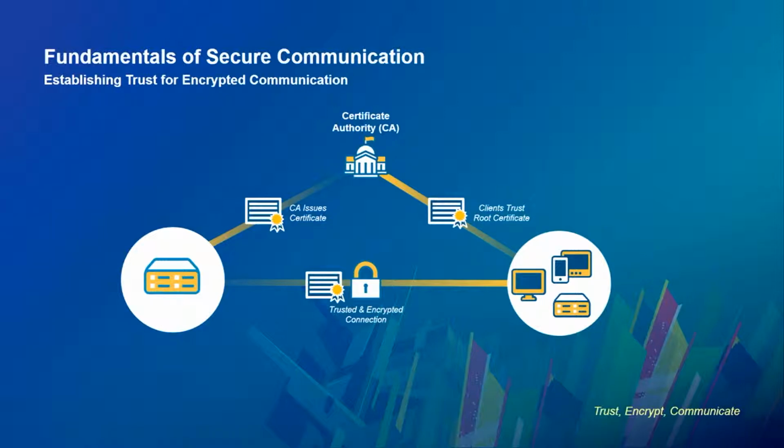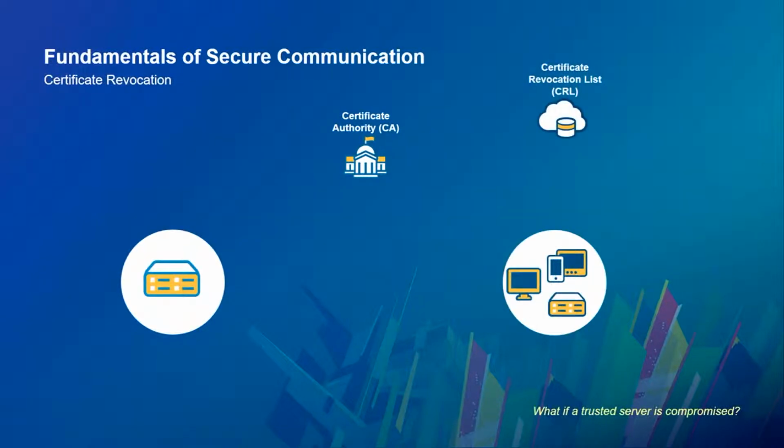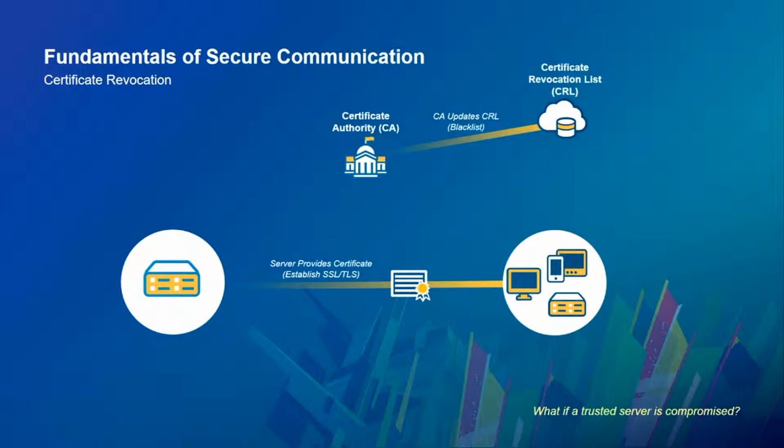If your private key ever becomes compromised, then you have to get new certificates. There's also something called a certificate revocation list. In the situation where your private key has been compromised, you can say, hey, certificate authority, revoke this certificate. If anyone tries to use it anymore, it will actually block it from happening.